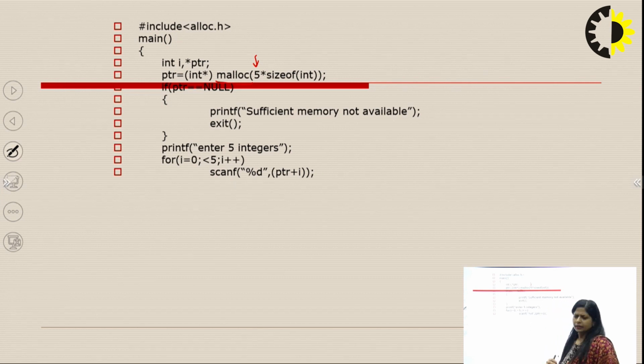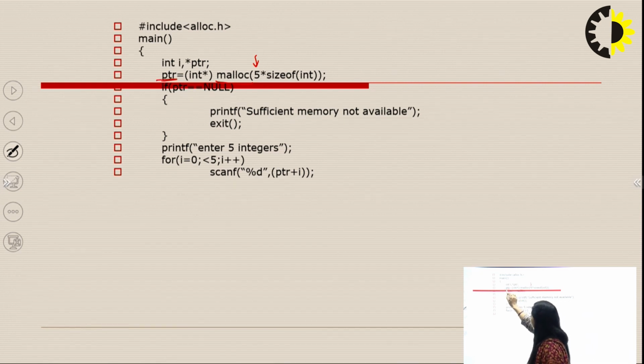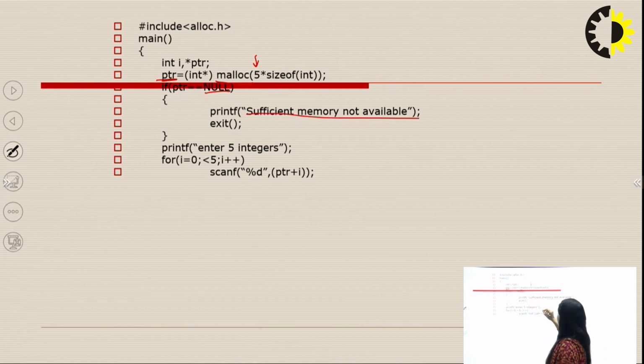That means we have space for 5 integers. If the value it returns is null, that means sufficient memory space is not available, then we simply display the message sufficient memory not available and exit. As simple as that.